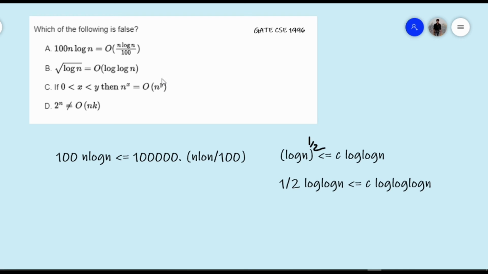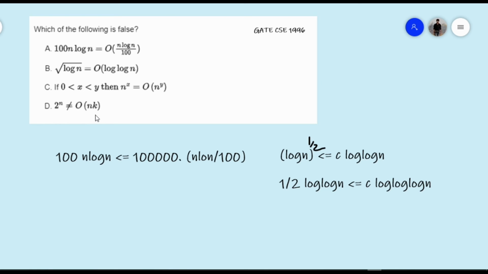We can clearly say n square is greater than n. If we take x as 2, we have to take y as 3, 4, 5, like this. From n square, n cube and n to the power 4 will be greater clearly. So we can say this is following the condition of big O: n to the power x is big O of n to the power y.